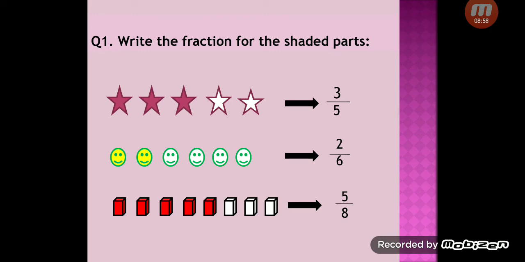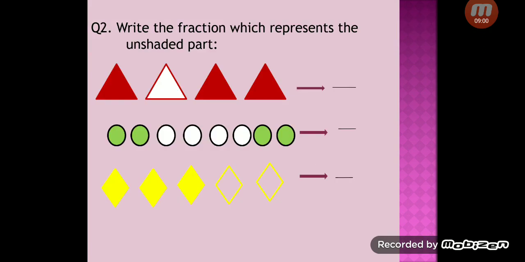Let's do a few more examples. The question is, write the fraction which represents the unshaded part. Now I have 4 triangles and out of 4 triangles, 1 triangle is unshaded. So I will write 1 above the line and total 4 triangles, 4 below the line. So the fraction will be 1 by 4.